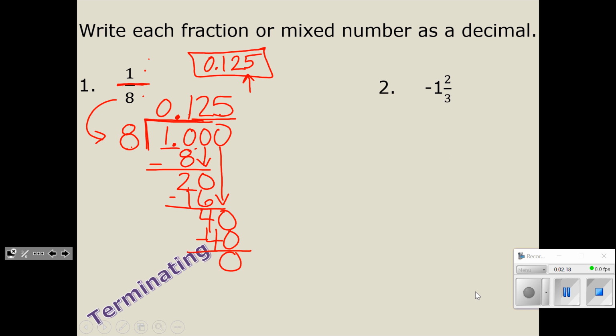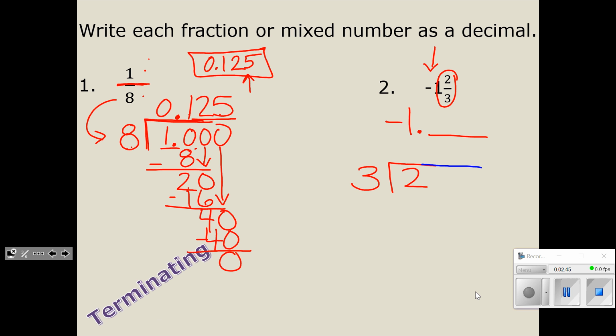Question 2, -1 2/3. I know it's going to be -1 point something because of my mixed number. And I just need to do the 2/3 to figure out this last part. So 2 divided by 3. Again, the numerator going on the inside.